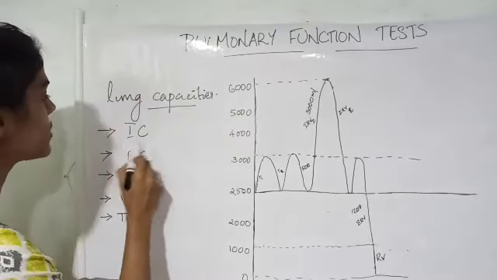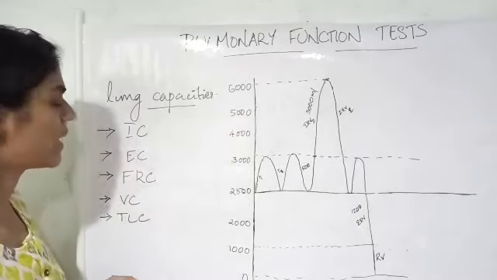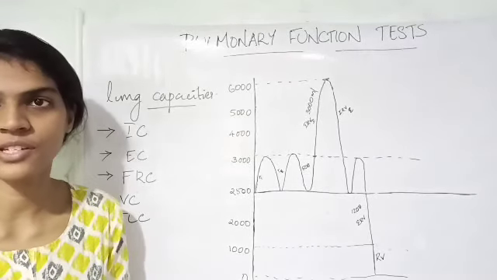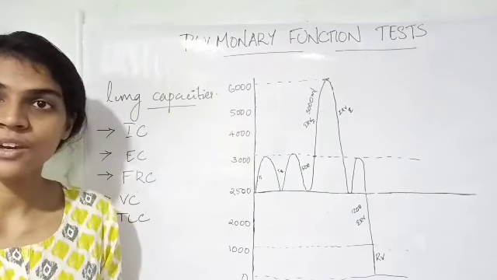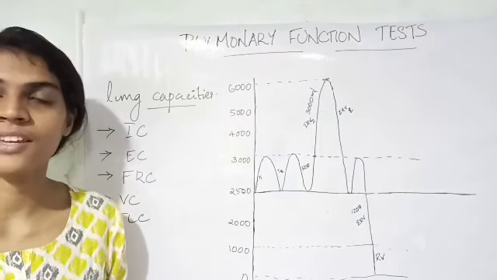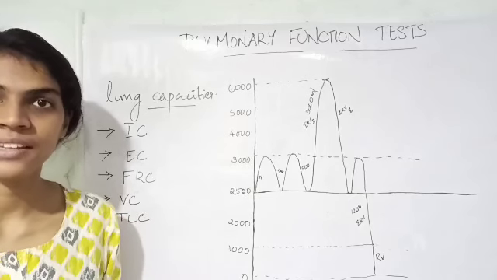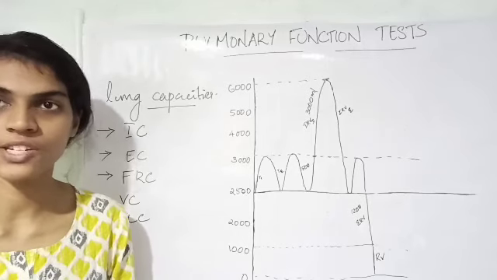First one is inspiratory capacity. As the name implies itself, it deals with inspiration. Inspiratory capacity is the capacity of your lungs in inspiration, the amount of air that can be taken into the lungs during inspiration.